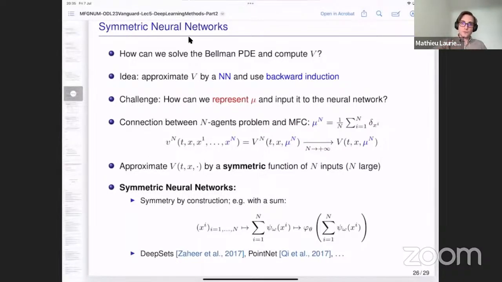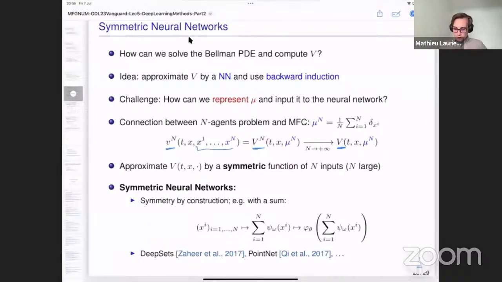That's a very good point. Here the idea was to approximate the function v by a function v^N, which will be encoded as a neural network as a function of all the x's here.